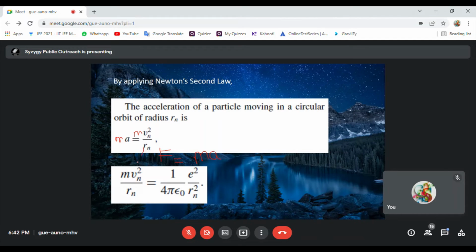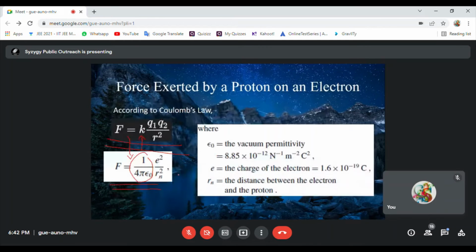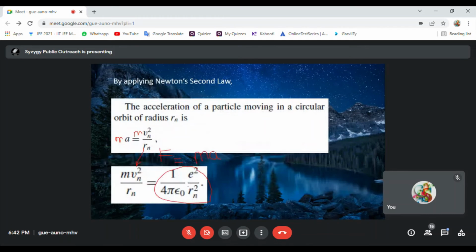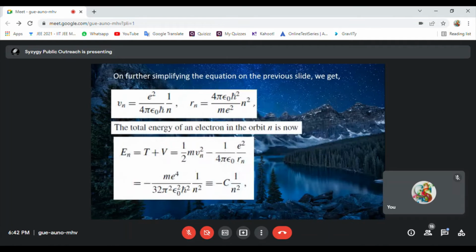So this is brought down here, and this is the equation of force which we derived on the previous slide. We equate both of these, and on further simplifying the equation, we find the velocity of an electron in an orbit and the distance of that electron from the nucleus while in that orbit.